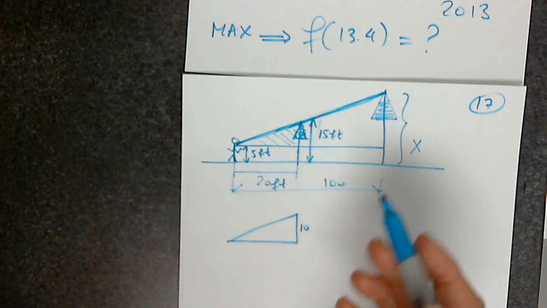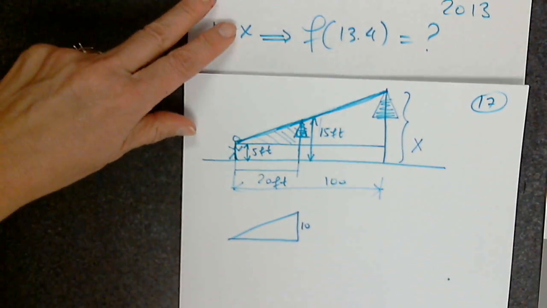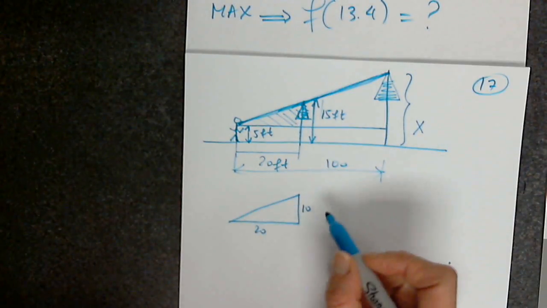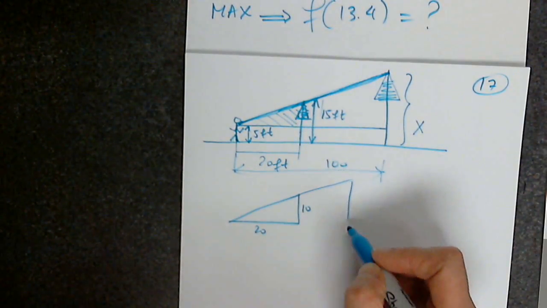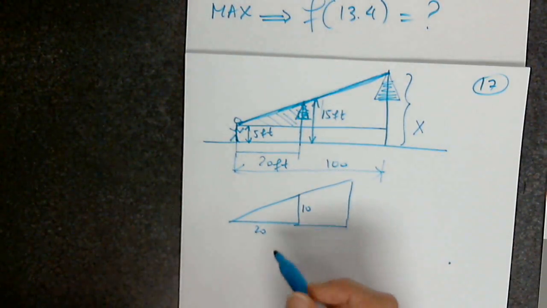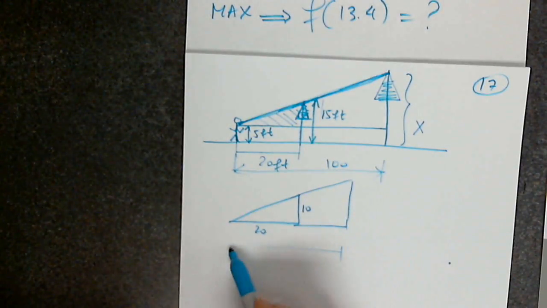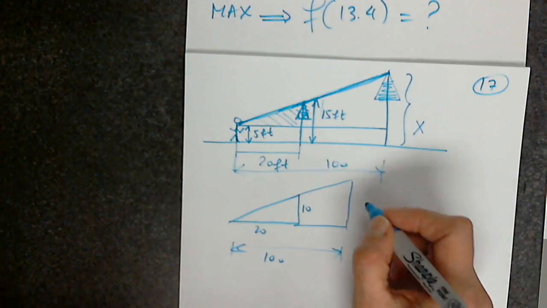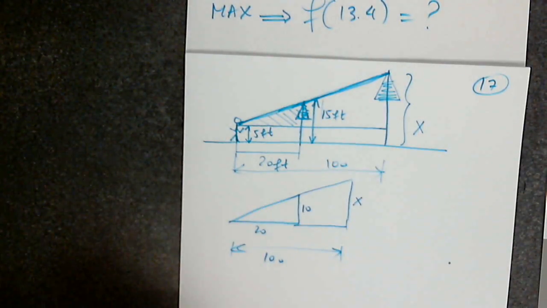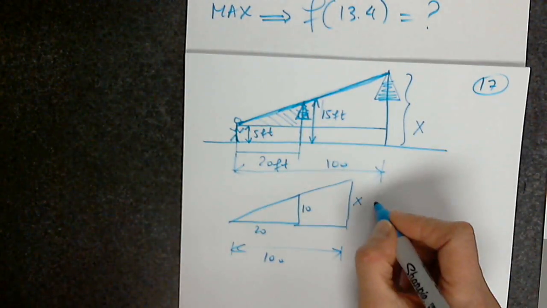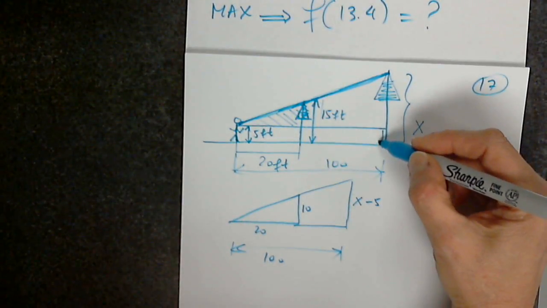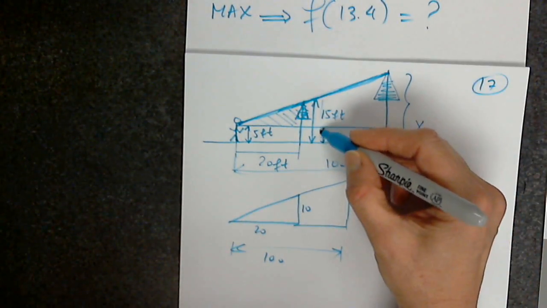And he can measure this on the ground, easy. So this is 10, this is 20, and then this whole thing is 100. And he wants to determine this. Well, of course, this will be x minus 5 because this is still 5, this is still 5, all the way.